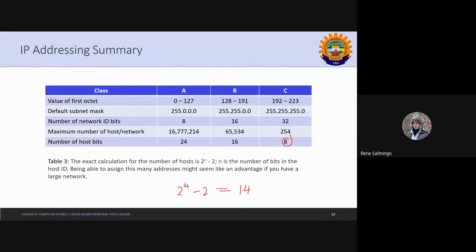Because you're going to subtract it by 2. So 16 minus 2, you have 14 hosts. So you will have 14 addresses that will be used. This is only for a small local area network.